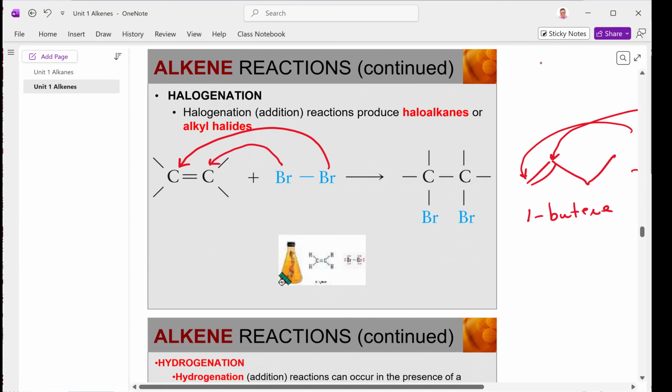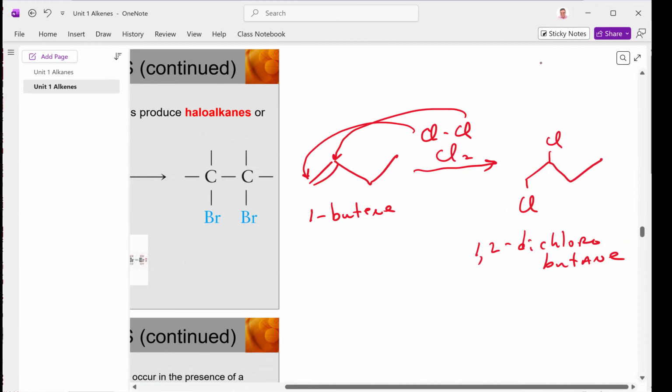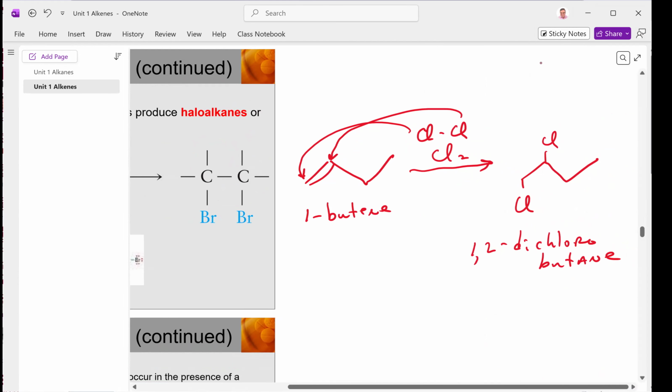Because alkenes are unstable compared to alkanes, this reaction goes fairly well. And what happens with the homogeneic ones, each side of that additive is going to bond to each side of the double bond.